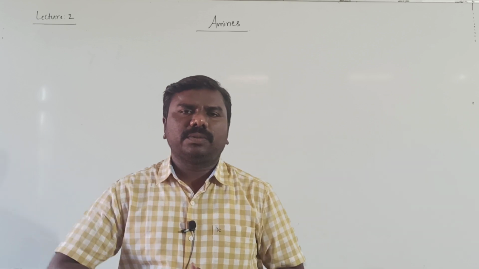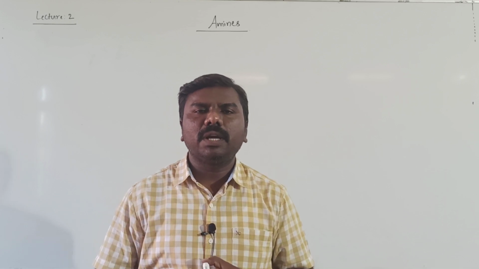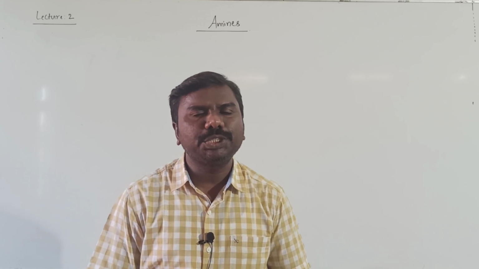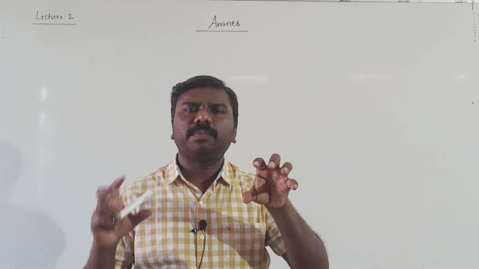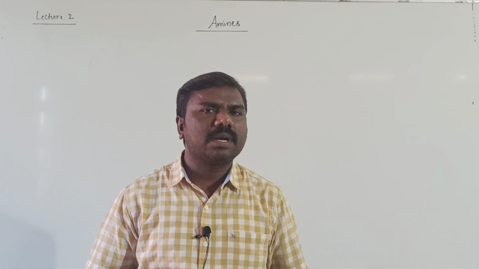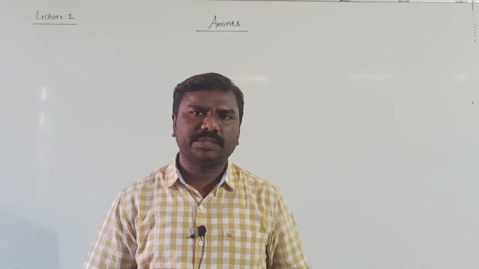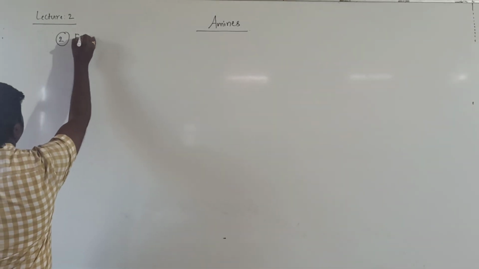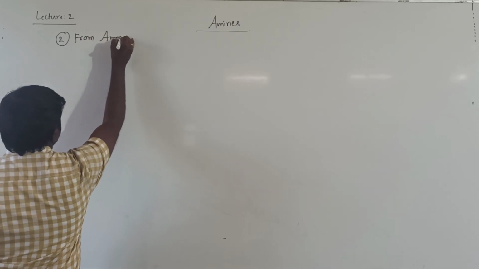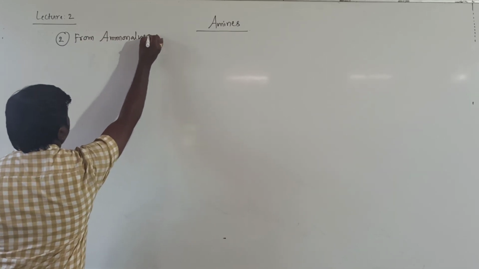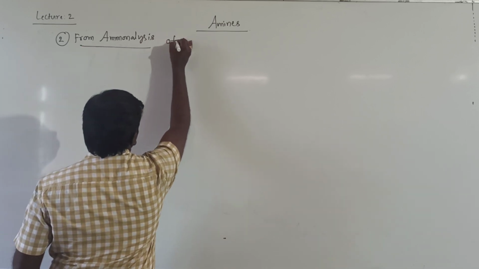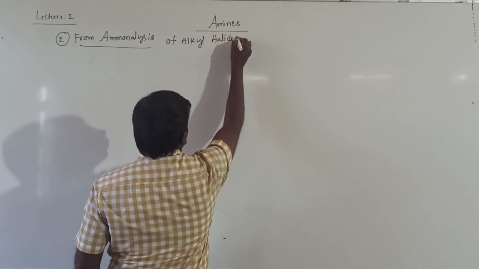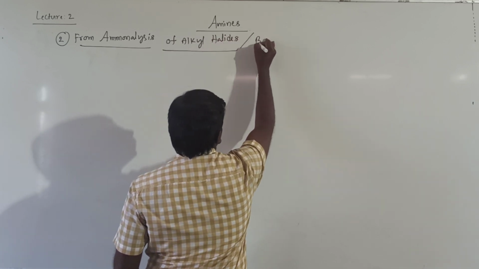In this also, the carbon and halogen bond in alkyl halide will be broken in presence of a nucleophile, the NH2 group. The halogen atom is replaced by NH2 group, then forms amines with the help of alkyl halides. Ammonolysis, preparation of amines, second method, from ammonolysis of alkyl halides or benzyl halides.